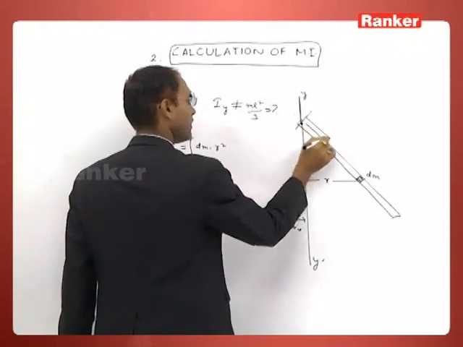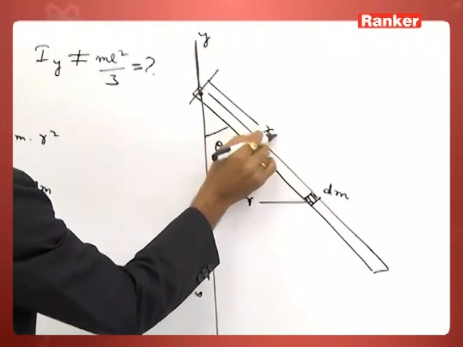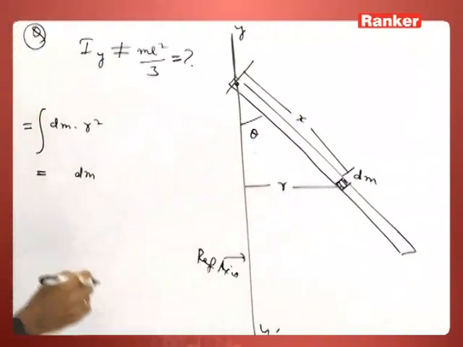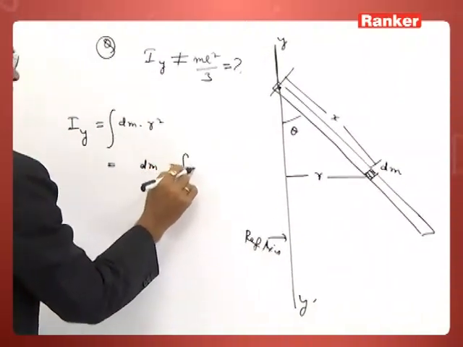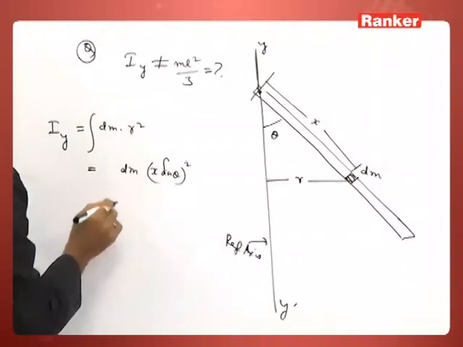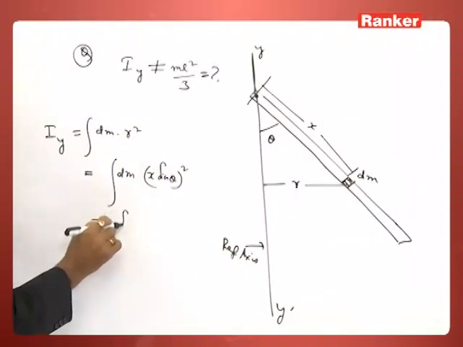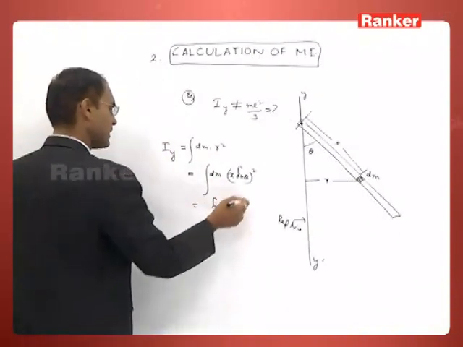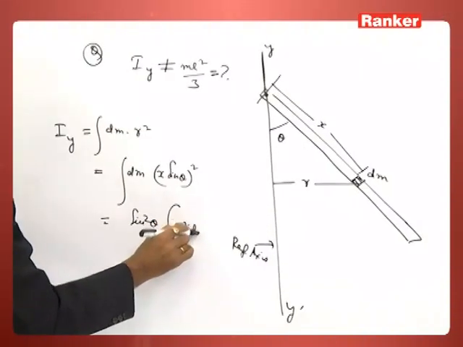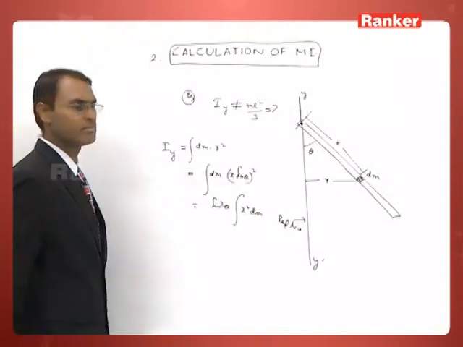You can take this as x, r is equal to x sin theta, square of this. Sin square theta is a common constant quantity, take it out of the integral, and we are getting x square dm.